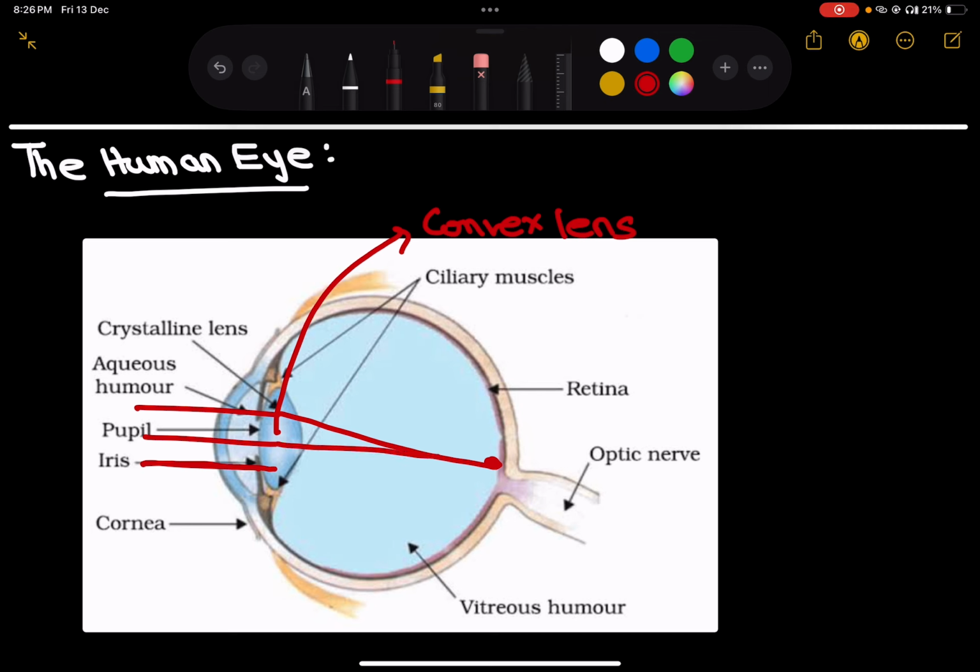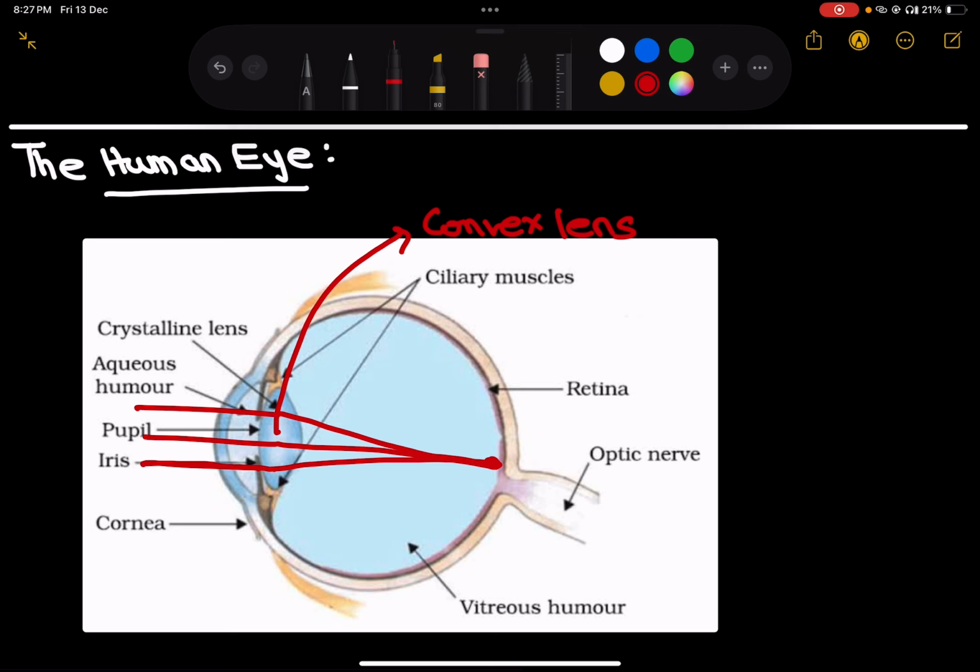Suppose the focal length of the lens is not perfect. Then what will we do? That is why the crystalline lens is present. It adjusts the focal length required to focus objects at different distances on the retina. So the objects present at different distances can be focused on the retina.